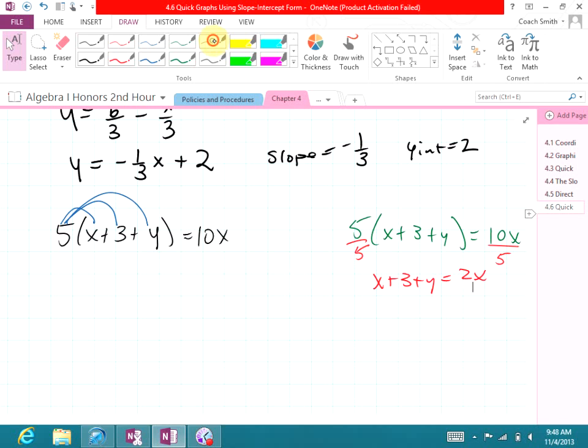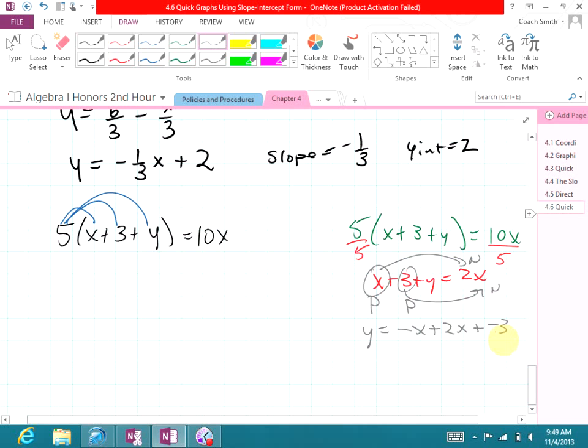Now, we take the x over here and we take the 3 over here. It was positive and positive here, so it becomes negative and negative there. And so you have y equals negative x plus 2x plus negative 3.